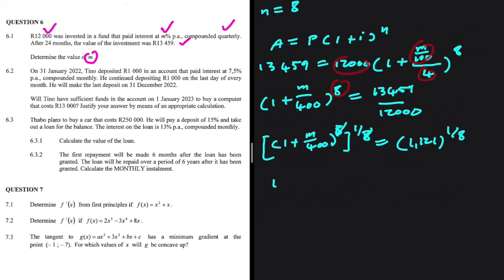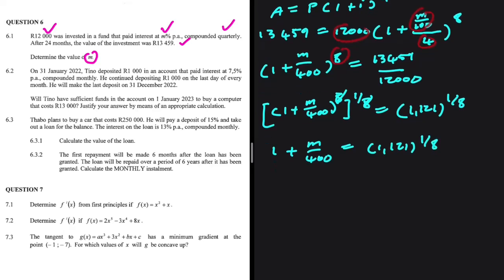We are going to have 1 plus M divided by 400 being equals to 1.121, everything to the power 1 divided by 8. It's obvious what we need to do at this point. We need to take 1 to the right hand side and multiply both sides by 400. We're going to have M being equals to 1.121, everything to the power 1 divided by 8 minus 1 multiplied by 400.